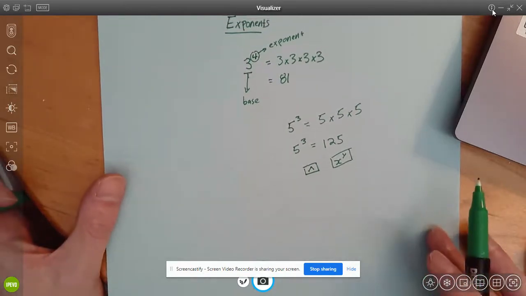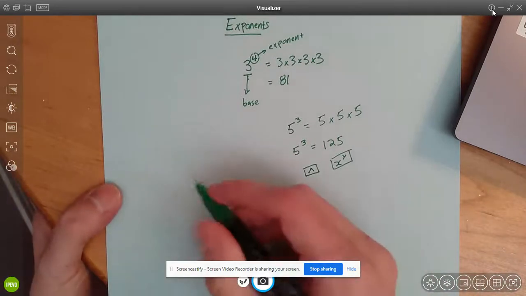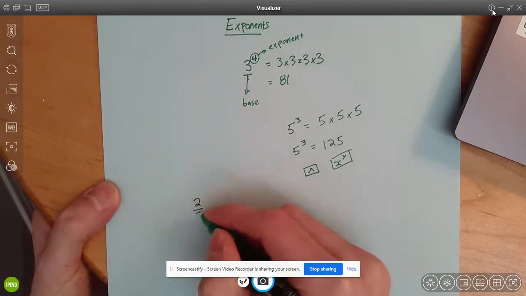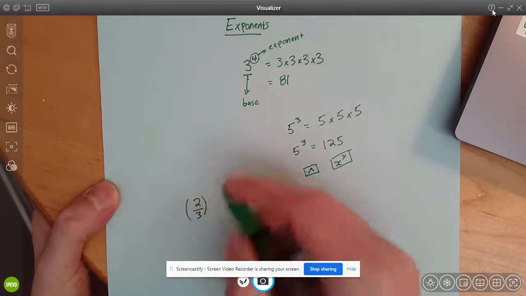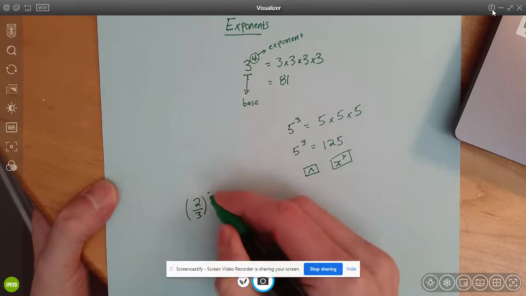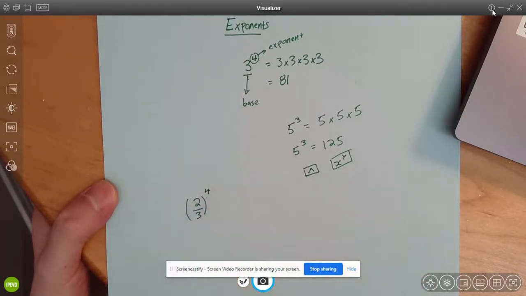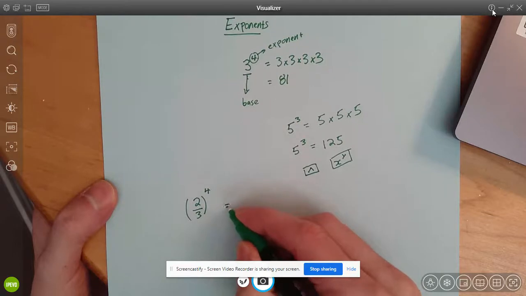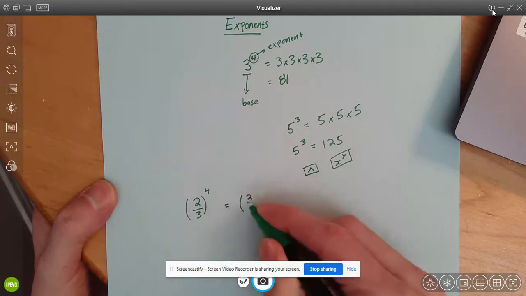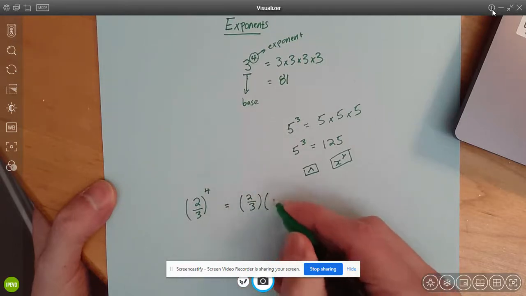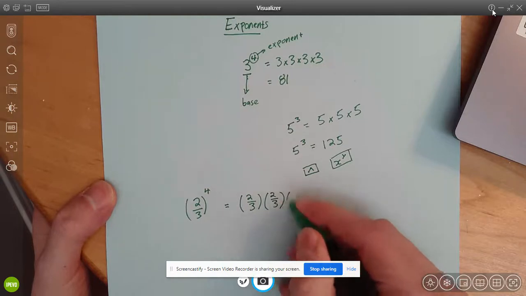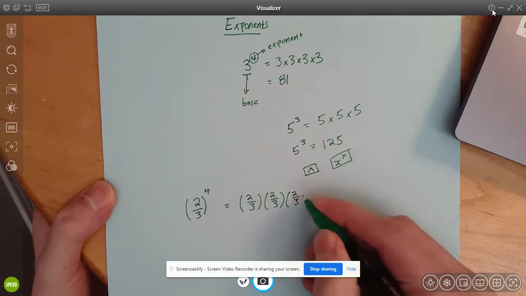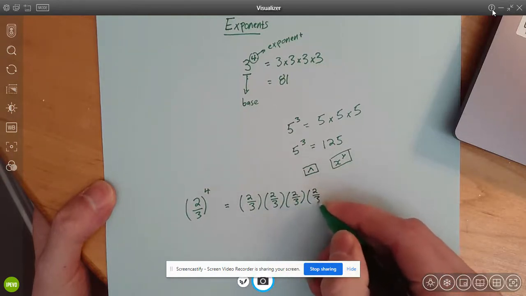So it's pretty simple when the base is a positive whole number, like 3 or 5. In some of the practice problems you're going to do today, we could have a base that is a fraction, and there's no problem with that. That means 2/3 is our base to the power of 4. Again, all this means is that I've got to multiply the base by itself 4 times. Remember that I don't need to write the multiplication symbol in between.